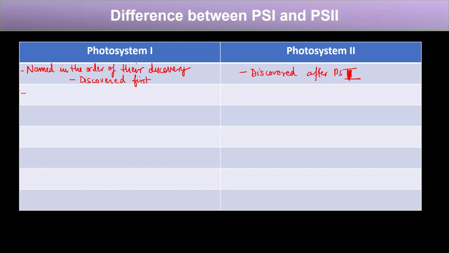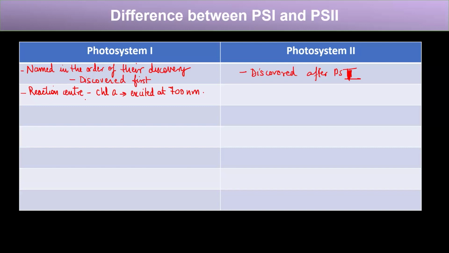The reaction center in photosystem 1 is chlorophyll A, and that gets excited at 700 nm, which means that if you give a wavelength of light of 700, it will undergo maximum excitation.